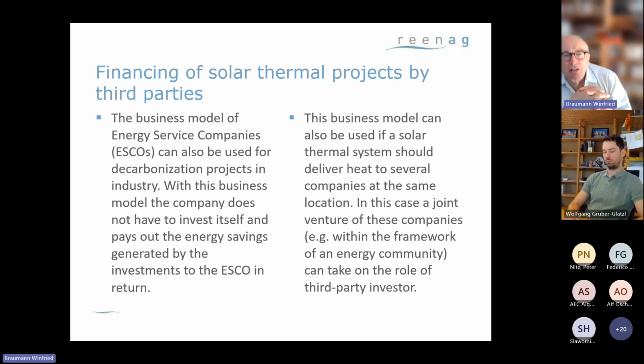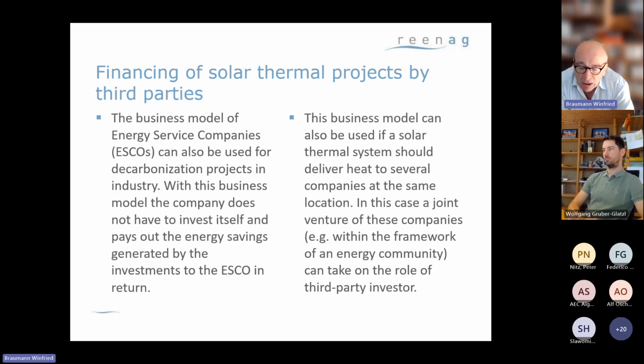It should be mentioned here that this business model of an ESCO investment can also be used if a solar thermal system delivers heat not only to one company, but to several companies. In this case, a joint venture of these companies, for instance, also within the framework of an energy community, can take on the role of the third-party investor.